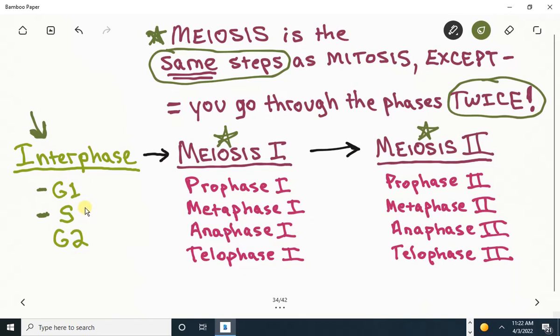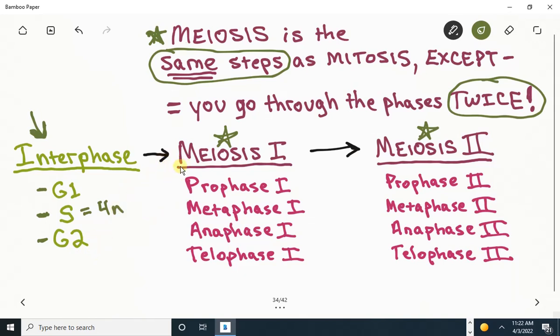You already have two sets of chromosomes in the germ cell. So when it replicates, you're actually going to have four sets of chromosomes in the germ cell. And then it's going to go through growth phase 2 and interphase.